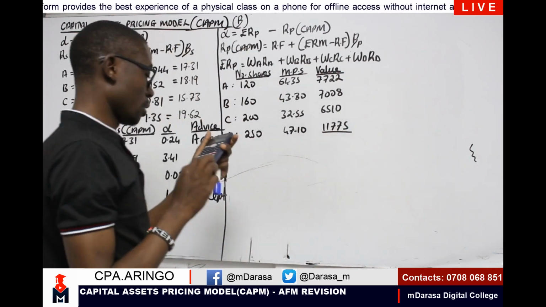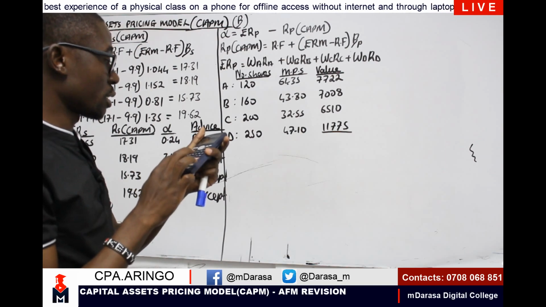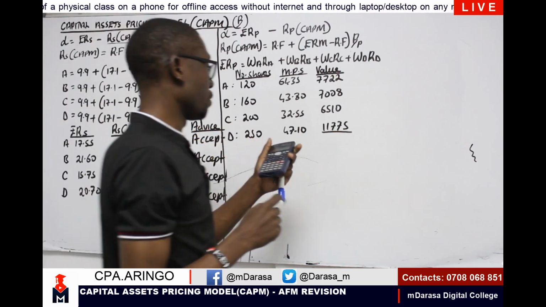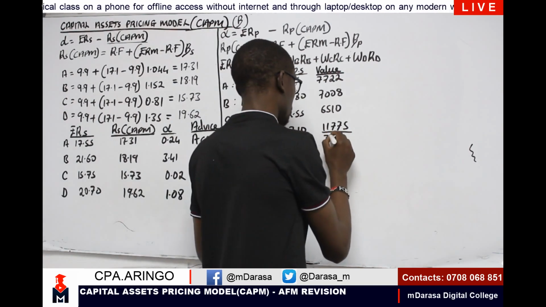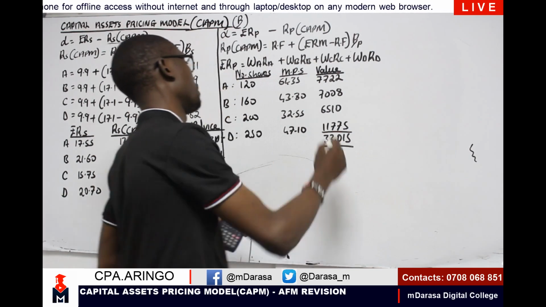So total: 11775 plus 6510 plus 7008 plus 7722, this should give us 33,015. So having that case, can you determine our weight?